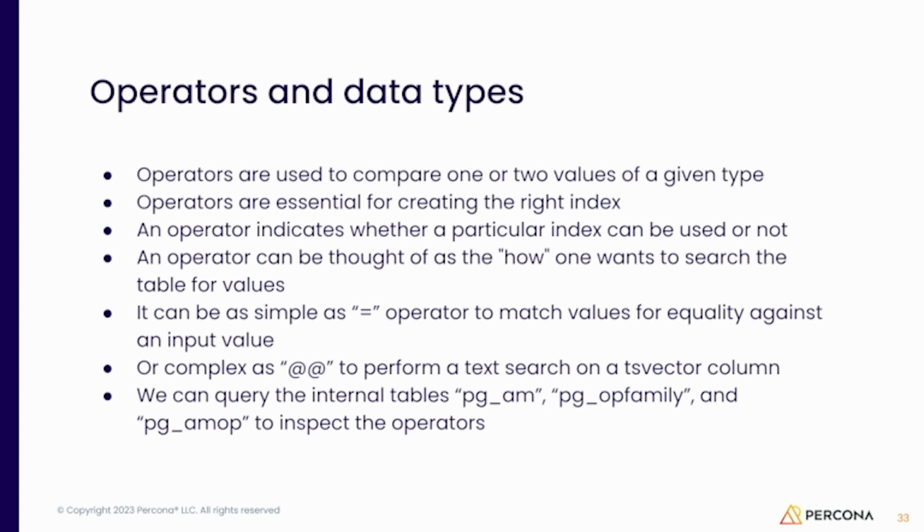So every time that we do a comparison, for example, an equality comparison using a B-tree, the database will check internally, okay, which index are we talking about? Oh, it's a B-tree. Which operator are you talking about? Oh, it's an equal comparison. An equal comparison requires data from both sides.